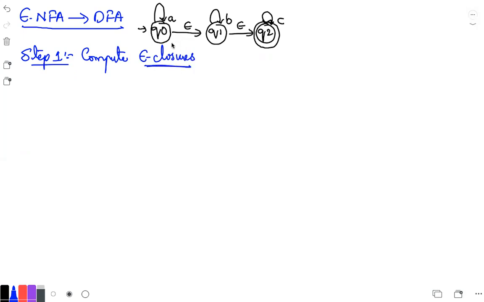Even in the main exam, if you are unable to do the conversion, just completing the epsilon closures gives you a chance to get 2 to 3 marks in the worst case. So given an Epsilon-NFA, first compute epsilon closures and keep them aside. We need that data whatever the problem. So first up, compute epsilon closures. What will be the epsilon closure of Q naught?